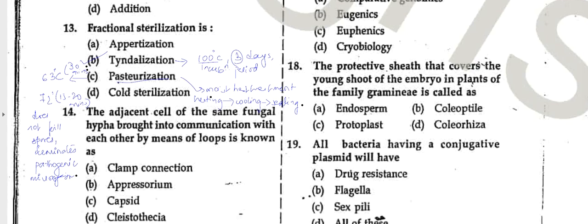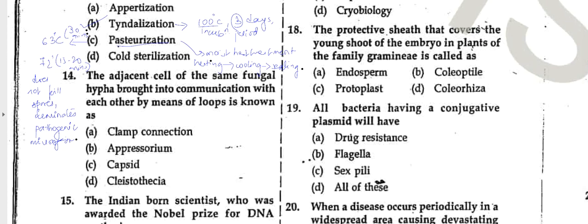Next is, the adjacent cells of some fungal hyphae brought into communication with each other by means of loops is called as. So the fungal cells which are connected, one fungal cell is connected to the adjacent fungal cell via a connection known as clamp connection.